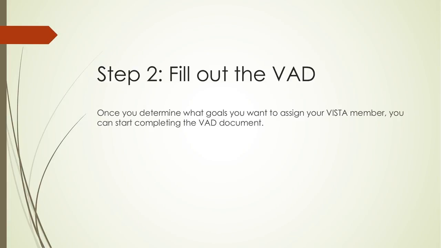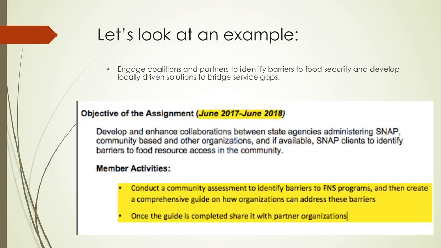All right, let's move on to step 2, which is fill out the VAD. Once you determine what goals you want to assign to your member, you can start completing the VAD document. Let's look at an example of what a potential partner might include in their RFP.